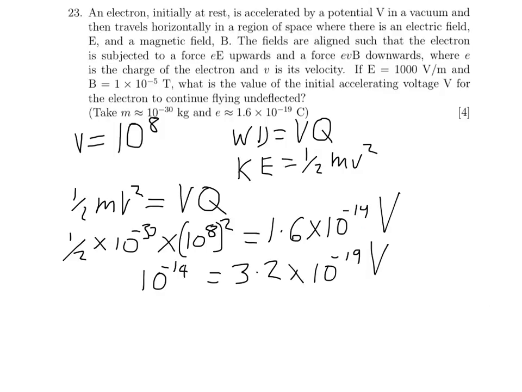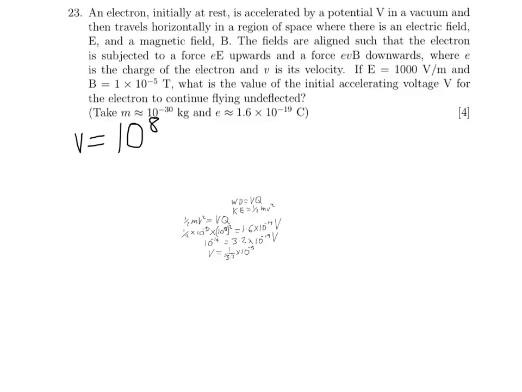Now we're just going to solve it for the voltage. So the voltage that we need to get our electron to a velocity of 10 to the 8, such that it will cancel out those two competing forces, is 1 over 32 times 10 to the negative 5 volts.